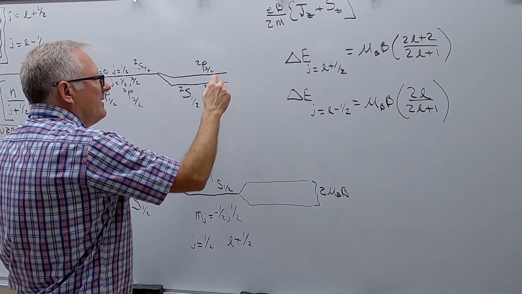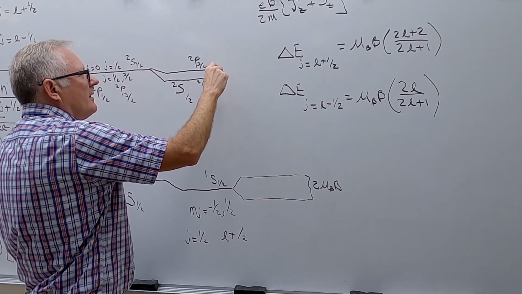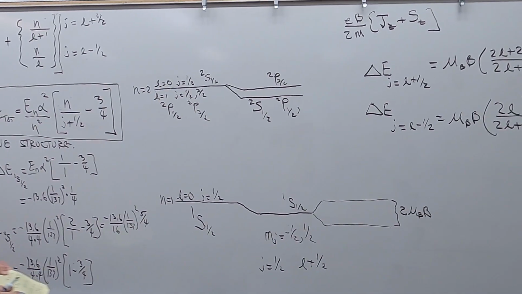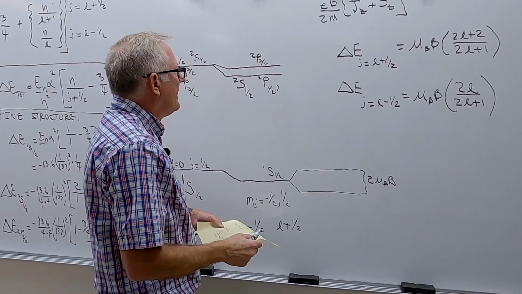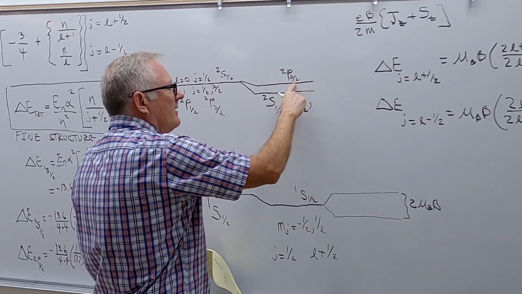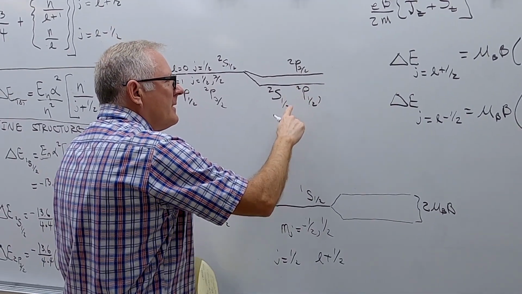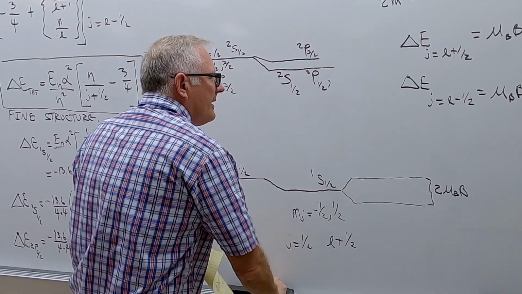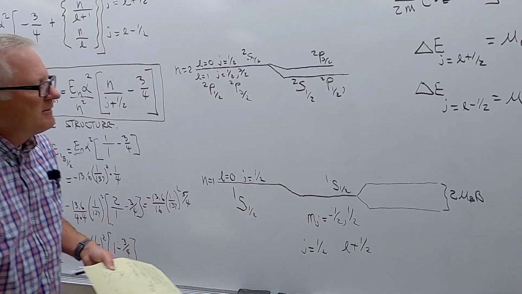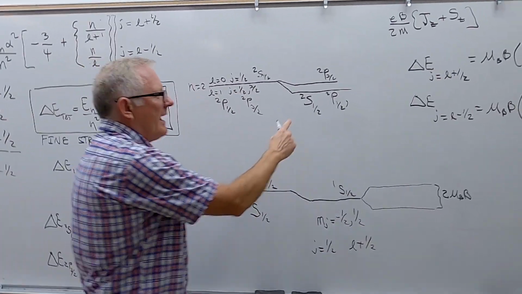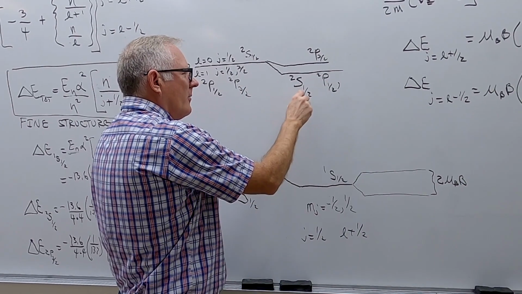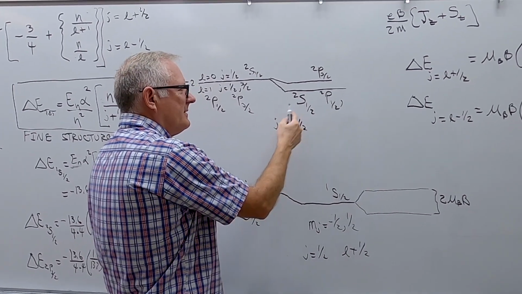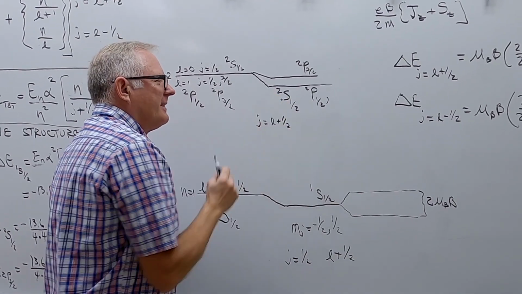Now, I'm just going to look at the 2S1/2, this one right here. I'm not going to look at this other one, so I'm going to bring it back a little bit. If we look at this one, we get the 2S1/2. This is the case where J is equal to L plus a half, because L was 0, and that's why you got that one.